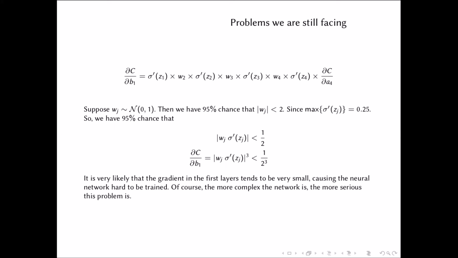And we have 3 of them, so we raise it to the cube. We see the gradient of the bias in the first layer is going to be less than 1 over 8. So it's very likely that the gradient in the first layer tends to be very small, making the neural network really hard to train. And of course, the more complex the network is, the more serious the problem is. If we have more layers, this problem is more serious.